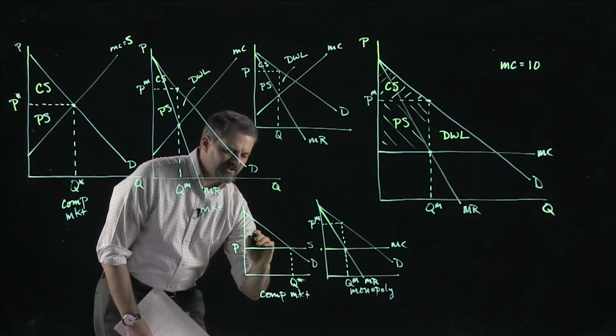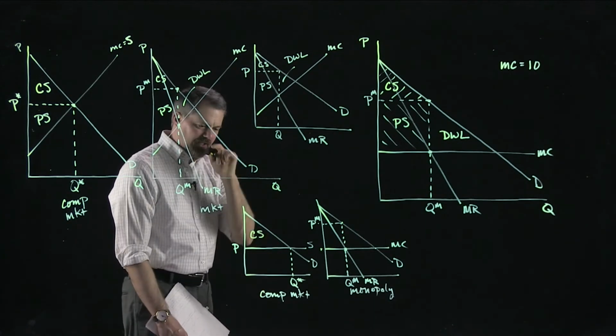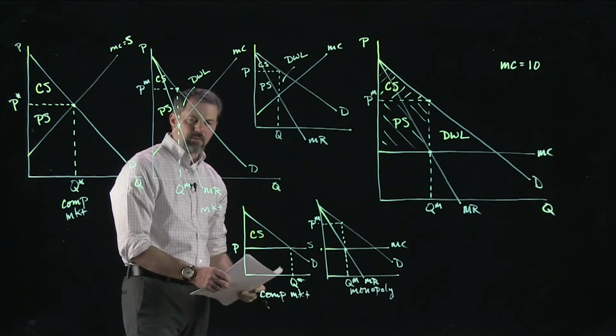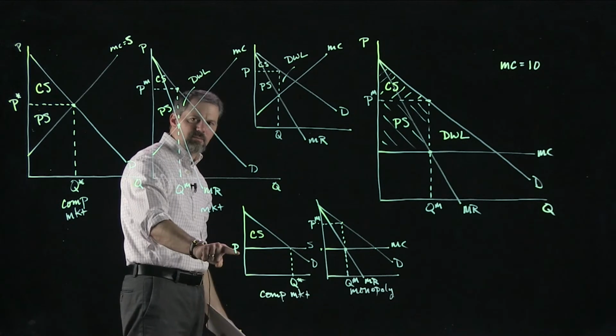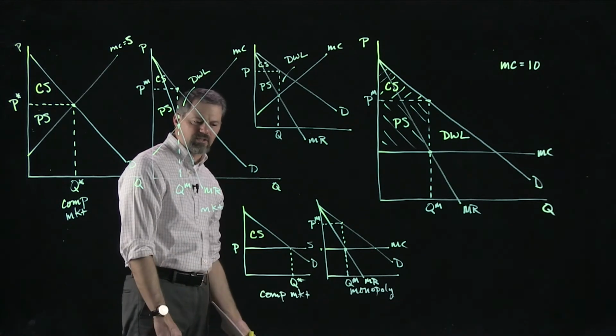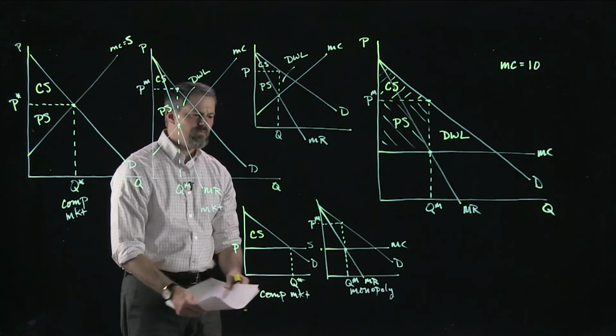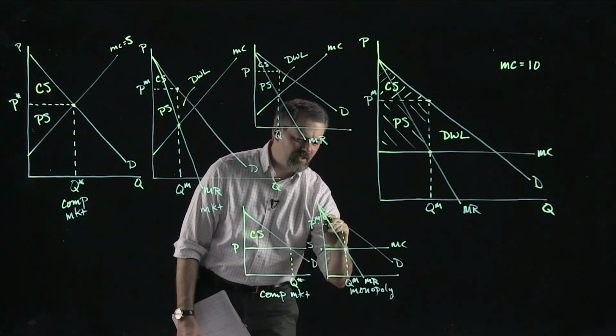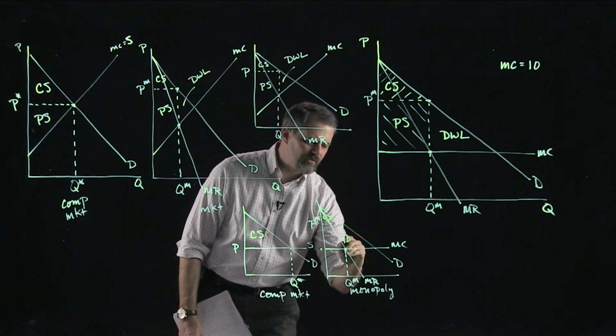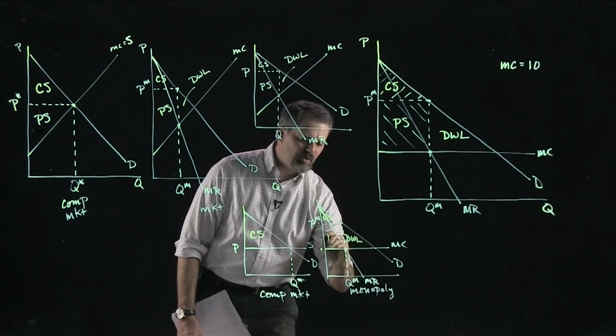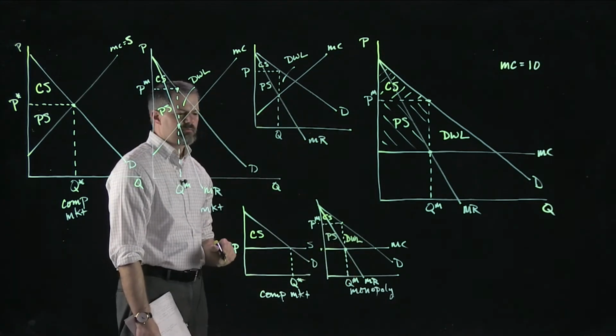In this particular situation, here's consumer surplus. In a competitive market with constant marginal cost, producer surplus would be equal to 0. But there's no deadweight loss. In this picture, consumer surplus is up here, deadweight loss is right there, and producer surplus is right there.